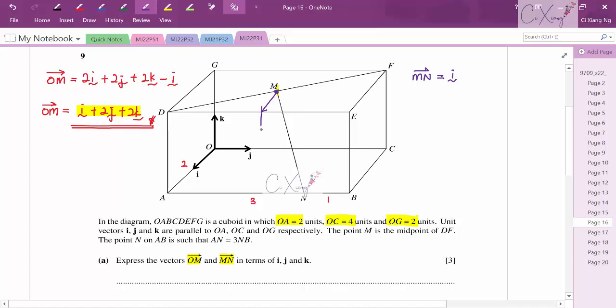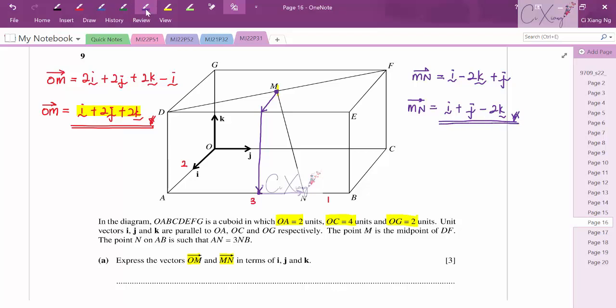After that, I move down vertically, 2 units, in the opposite direction of k. Therefore, I'm having negative 2k. Then I move from the center to the end, in the j direction, 1 unit. Therefore, it will be plus j. Rephrasing it into the form of i, j and k, it will be 1i plus 1j minus 2k. So this is the vector OM and also the vector MN.